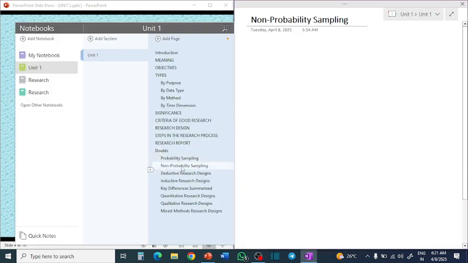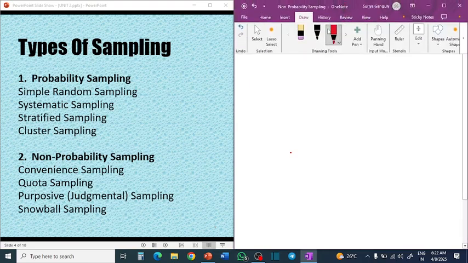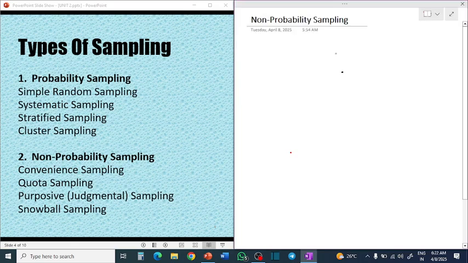Non-probability sampling is what? So non-random type of sampling is known as non-probability sampling. Now again, there are 12 members in your population and you have to select 6 members. The first is convenience sampling. The convenience sampling, as the name suggests, means you will select the members based on your convenience.